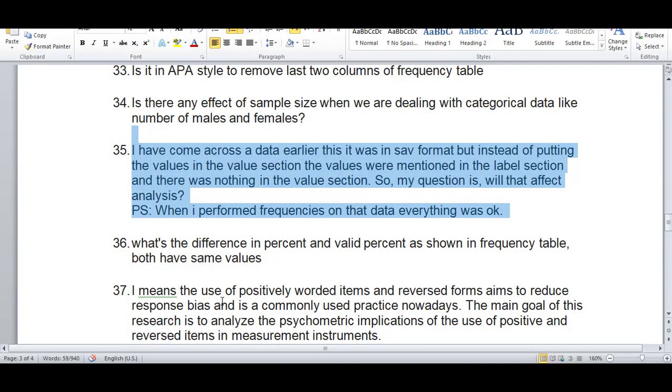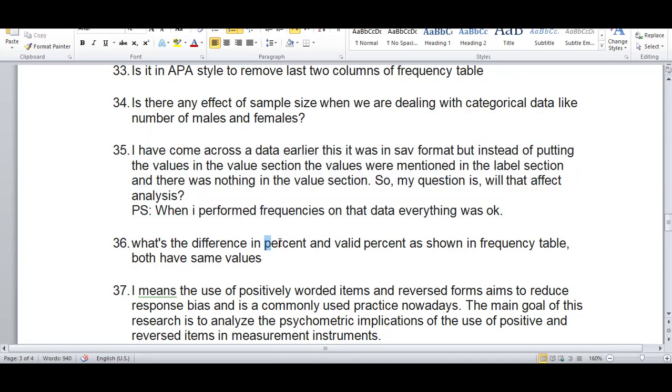What's the difference between percentage and valid percentage shown in the frequency table? Actually, percentage shows the percentage of all the numbers. Valid percentage shows the percentage only after excluding the missing values. If you have some missing values, then this percentage will count all participants, all data.